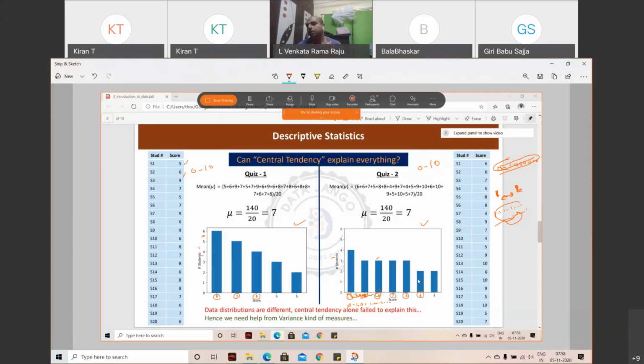It is like suppose you are distributing chocolates. Each chocolate has a number rather than a name. 8 numbered chocolate, you distributed to 4 people. 7 numbered chocolate, to 5 people. 9 numbered chocolate, to 3 people in one classroom. Suppose it is not a quiz, it is a classroom.